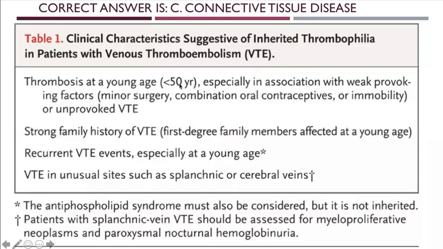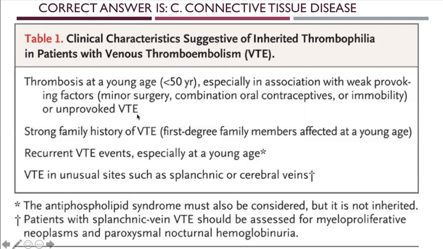If the thrombosis is at a young age, anybody less than age 50, you would think that they may have a thrombophilia, especially if there are weak provoking factors, like minor surgery in combination with oral contraceptive pills or immobility, or unprovoked venous thromboembolism.